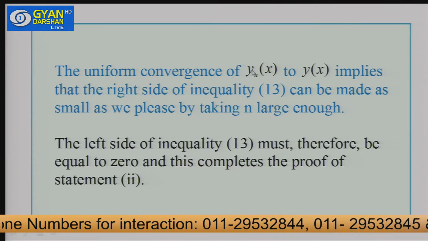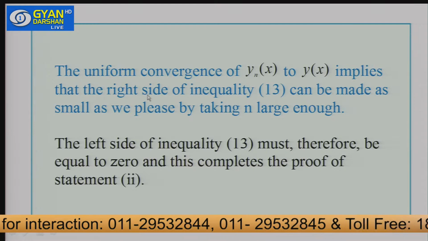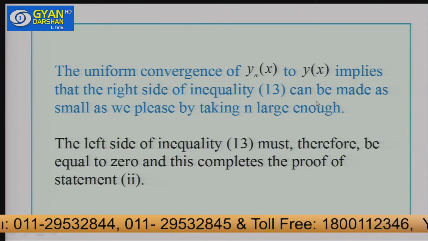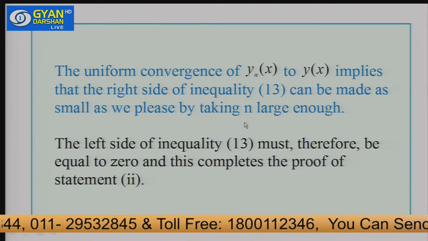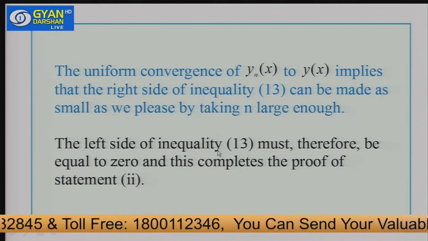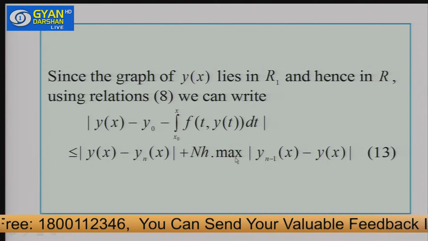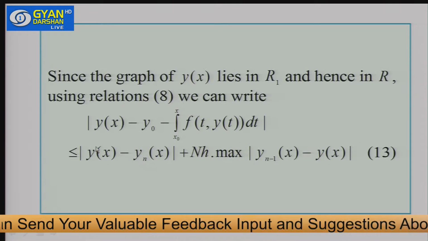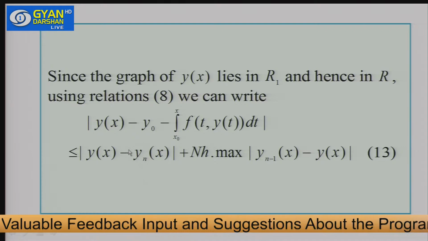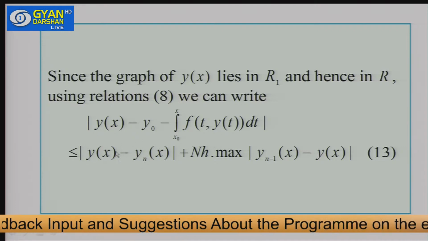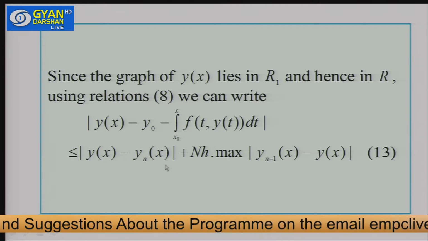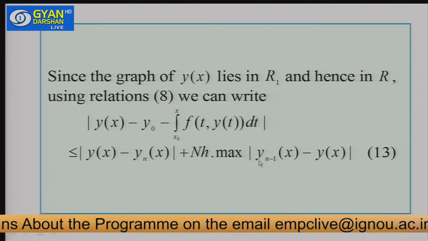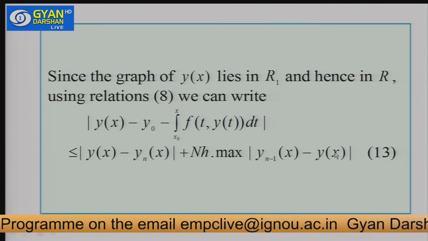So the uniform convergence of yn to y implies that the right hand side of inequality 13 can be made as small as we please by taking n large enough. If you take the limit, yn will go close to y, because y is the limit of yn. Also yn minus 1 will go to y.